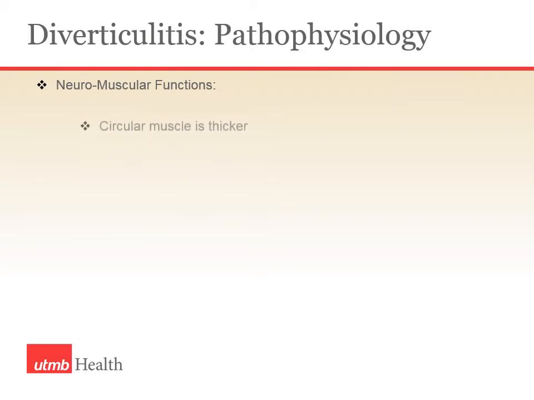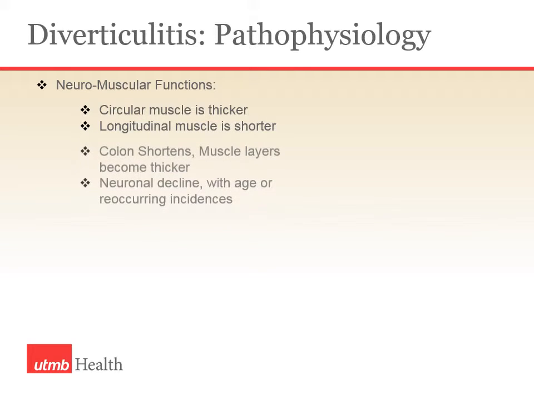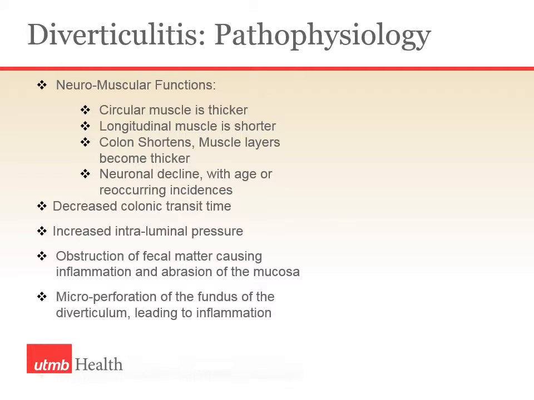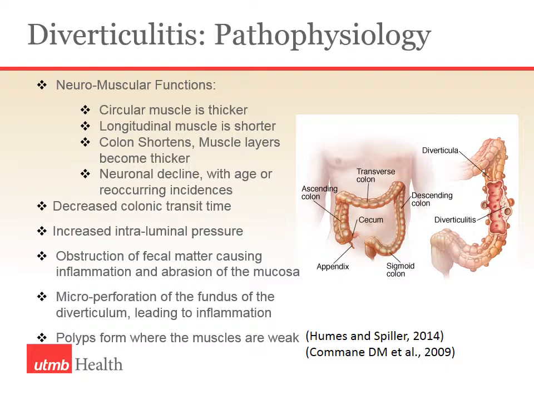The pathophysiology through metabolism and functions of the colon include just changes in the neuromuscular functions. The circular muscle, the one that wraps around the colon, becomes thicker than usual, and the longitudinal muscle that contracts and pushes anything out of the colon becomes shorter.